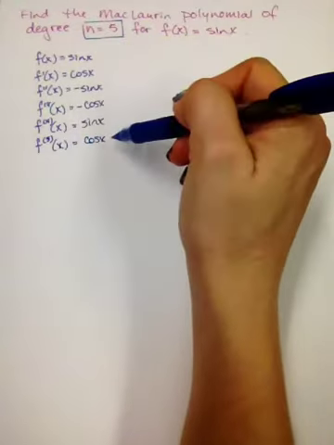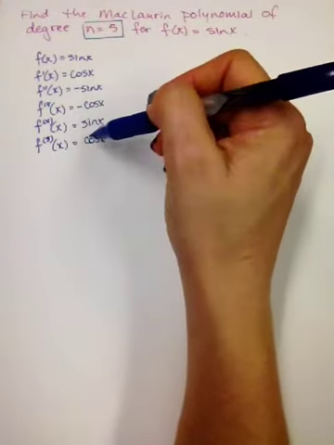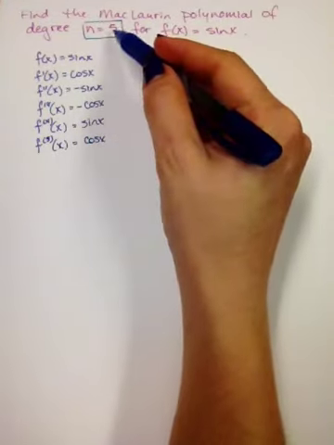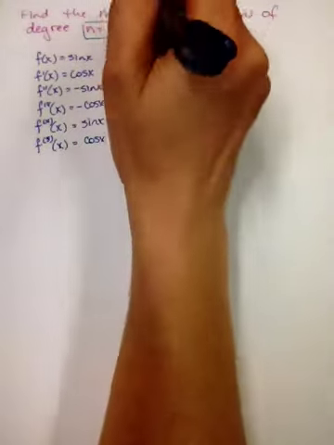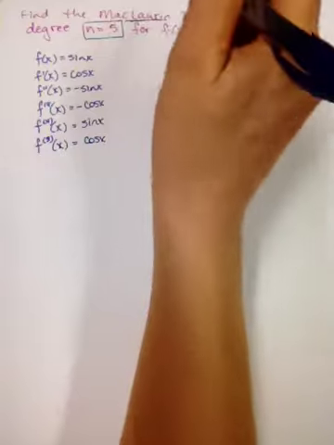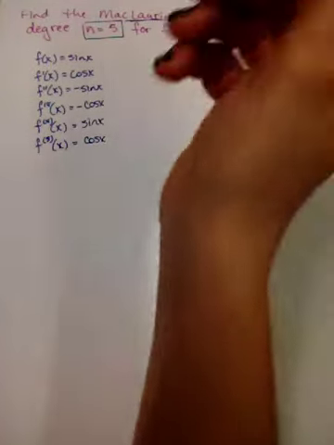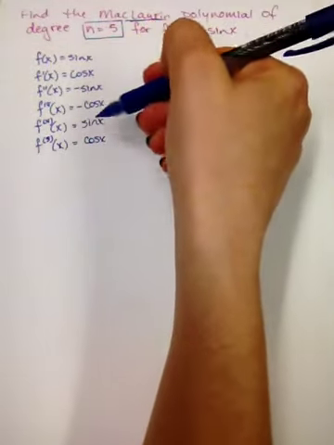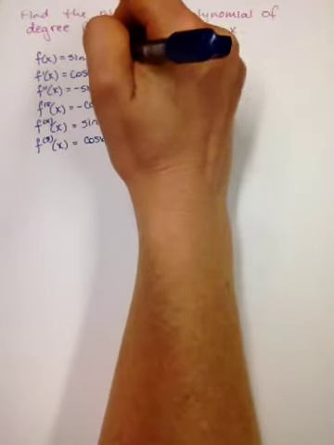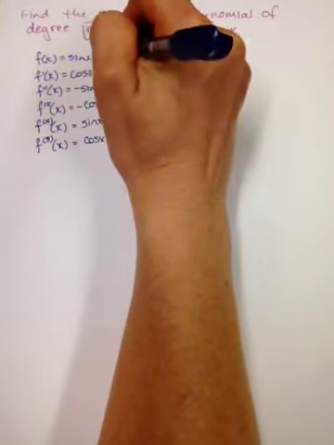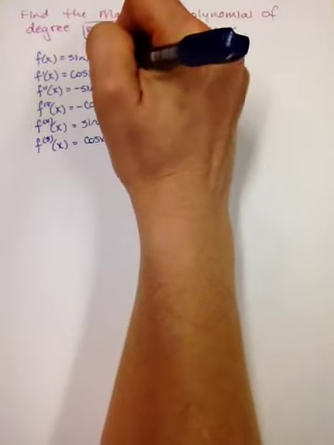So I have all of the derivatives I'll need because I could have up to 6 terms for an n equals 5. So the next thing you look at is where is it centered. And this one says it's Maclaurin, so it is centered at c equals 0. So I need to actually evaluate each of these when x equals 0. So sine of 0, f of 0 equals 0.